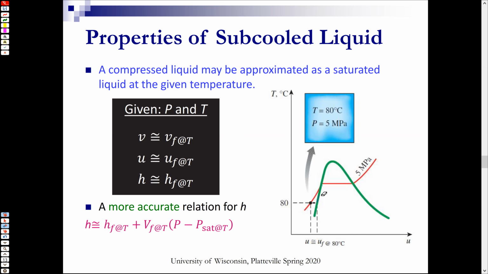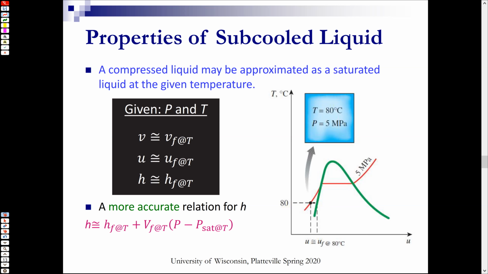Let me erase this one and you can see clearly what I'm talking about. So with that said, we use a simple equation. In the subcooled liquid region, just focus on the temperature. See what the temperature is, go to the saturated liquid tables that are tabulated based on temperature, and then find the properties of saturated fluid at the same temperature.